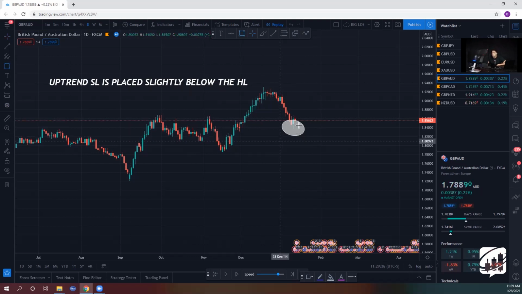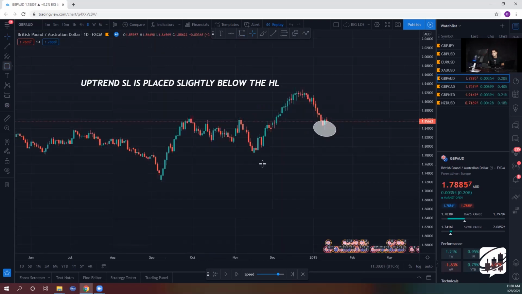If we're anticipating this to be the higher low, because we're buying here, our stop loss would not go here, because this is the current higher low. So our stop loss is going at the previous higher low, which is right here. Stop loss is being placed slightly below. So here's our stop loss.